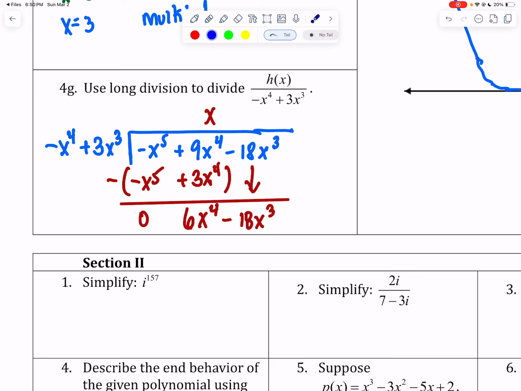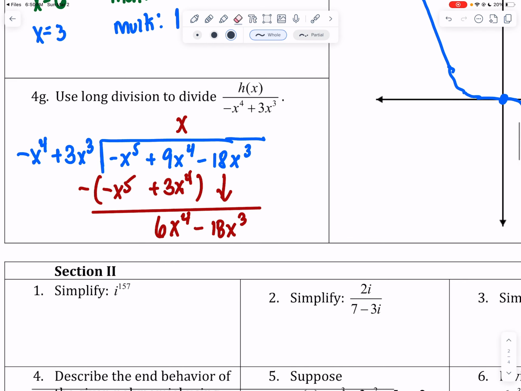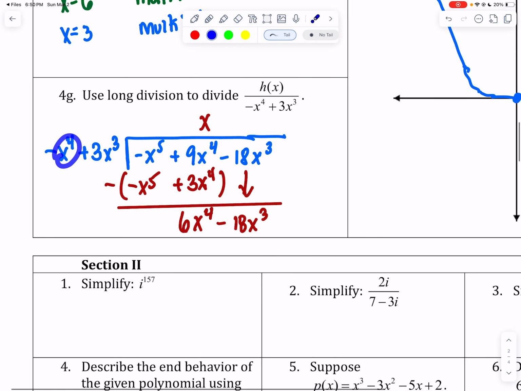All right, so now we're going to look at 6x to the fourth in relation to negative x to the fourth. So we need to figure out what times negative x to the fourth will give me 6x to the fourth. That is going to be minus 6. And that is going to give me negative 6 times negative x to the fourth, which is 6x to the fourth, and negative 6 times 3x to the third, which is negative 18x to the third.